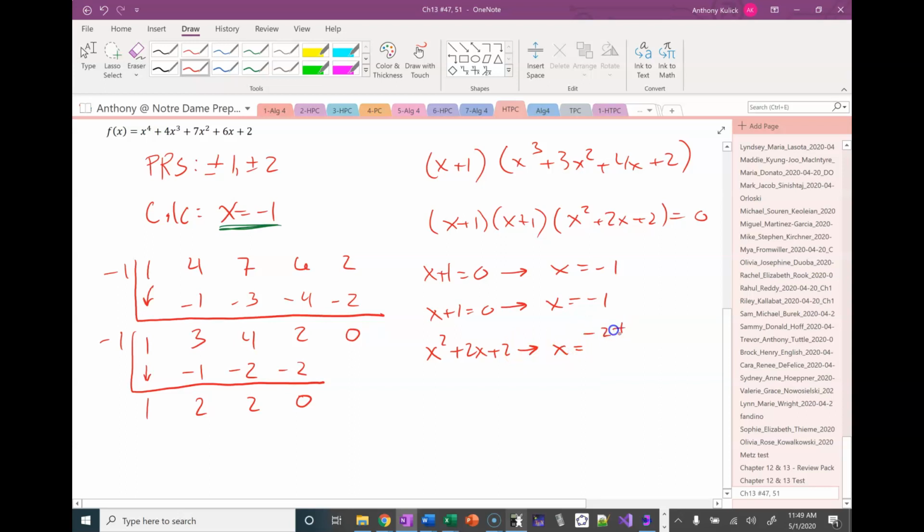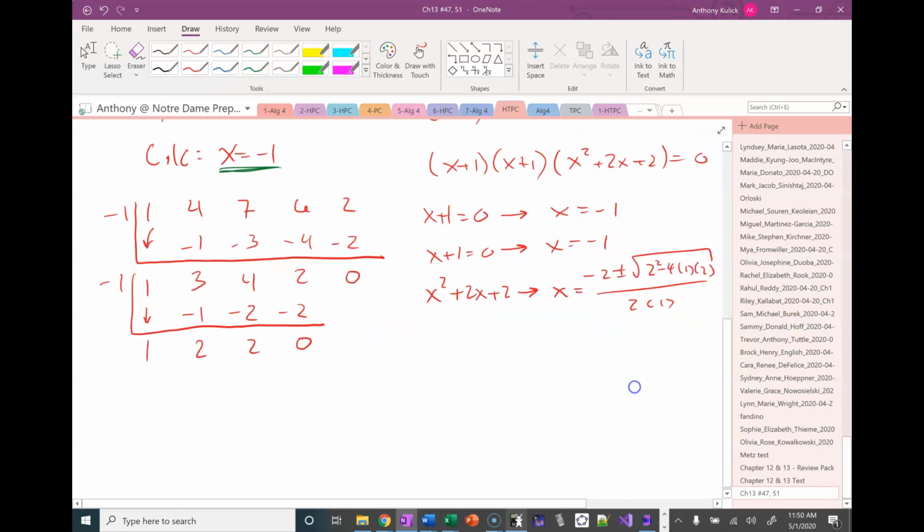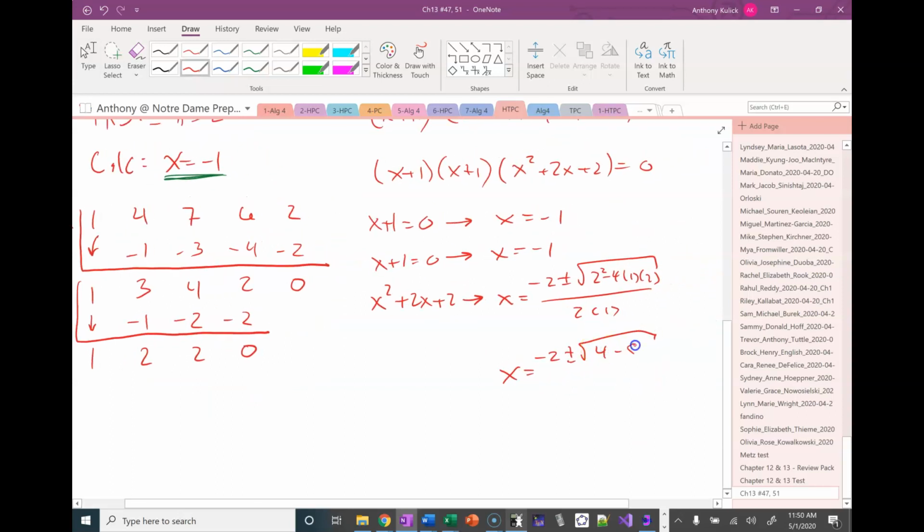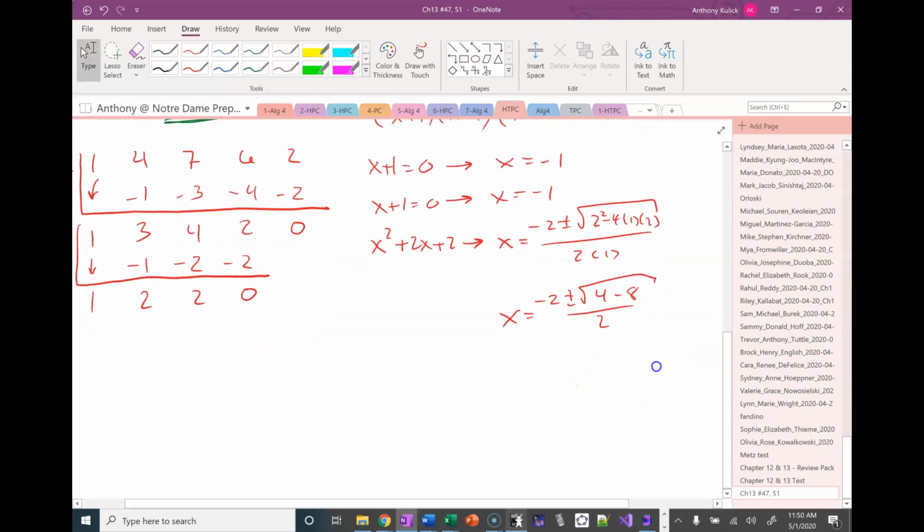So that's negative b plus or minus the square root of b squared minus 4ac, all over 2 times a. So that's negative 2 plus or minus the square root of 4 minus 8, over 2. And 4 minus 8 is negative 4.